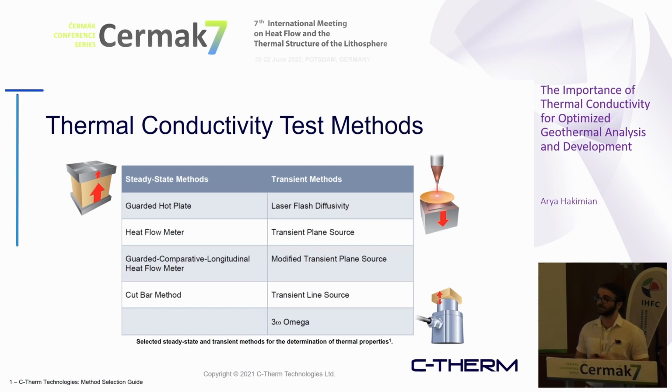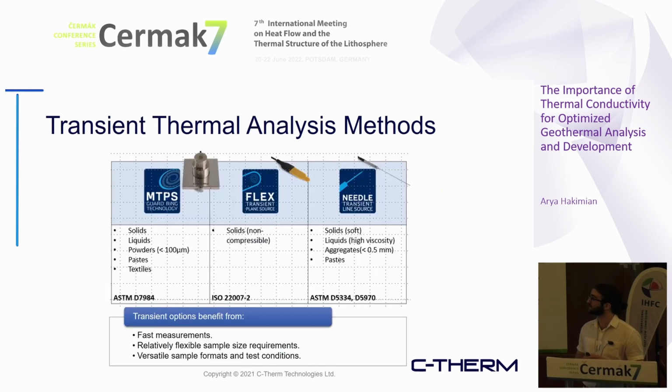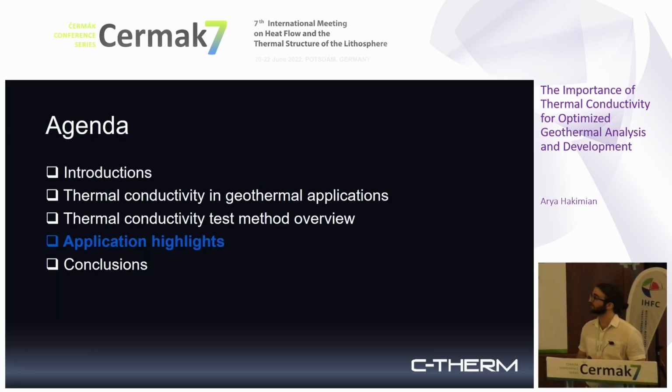For the purposes of the presentation here today, really taking a look at the different transient based options that are present for these types of measurements. We like to mention transient as they are generally quite flexible with the types of samples that are available to test, providing fast measurements, relatively flexible sample sizes, and be able to test under different conditions, of course.